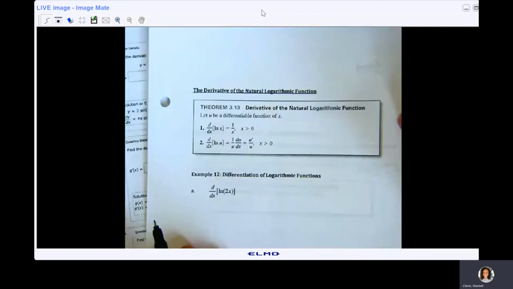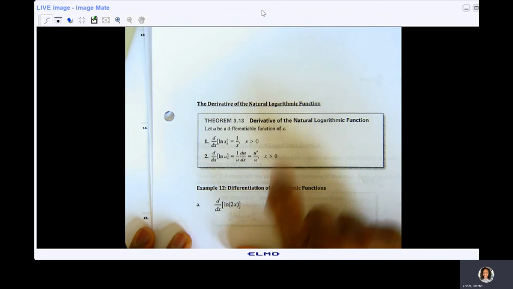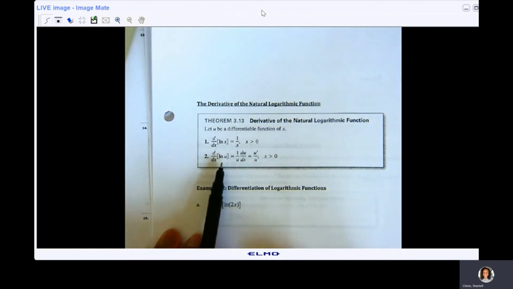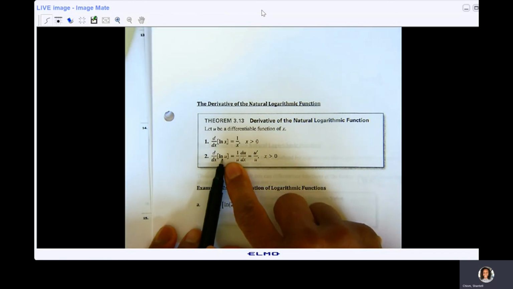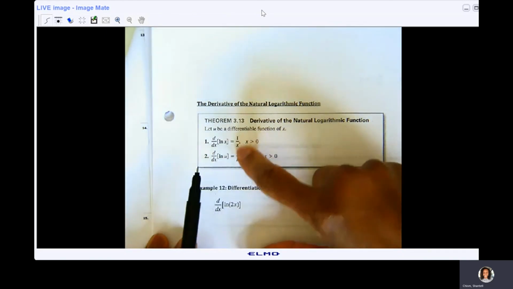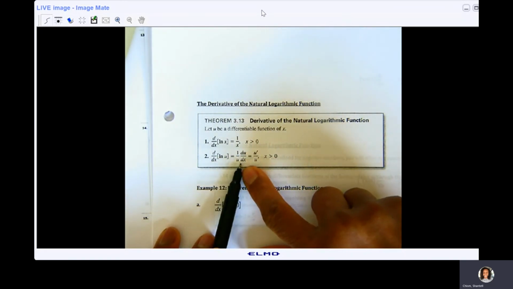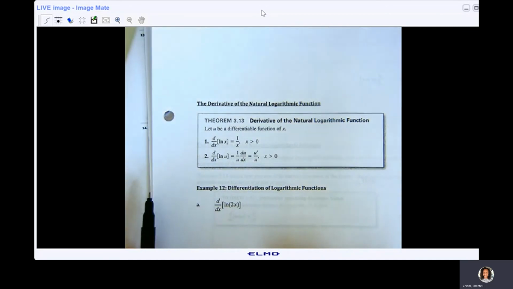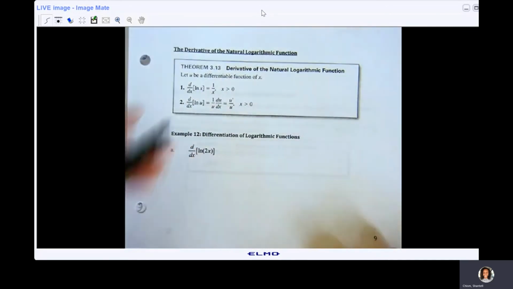Then you've got the derivative of the natural log. The derivative of ln of x is 1 over x. If you have a function within ln, such as u, you would take the outer derivative. The derivative of ln of u would be 1 over u, and then you would say times the derivative of u itself with respect to x. Let me give you an example of that with this one here.